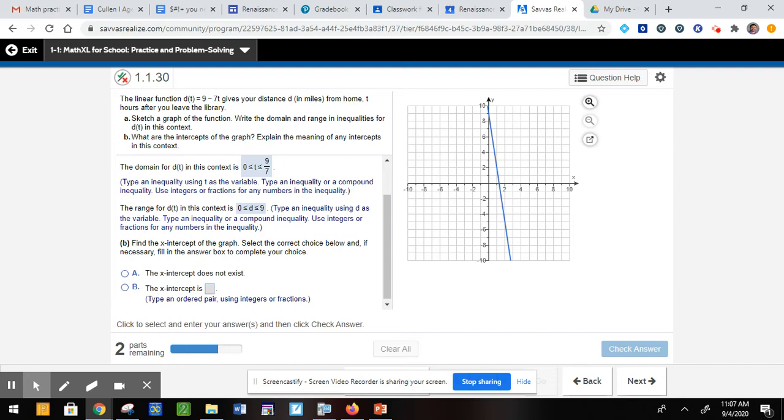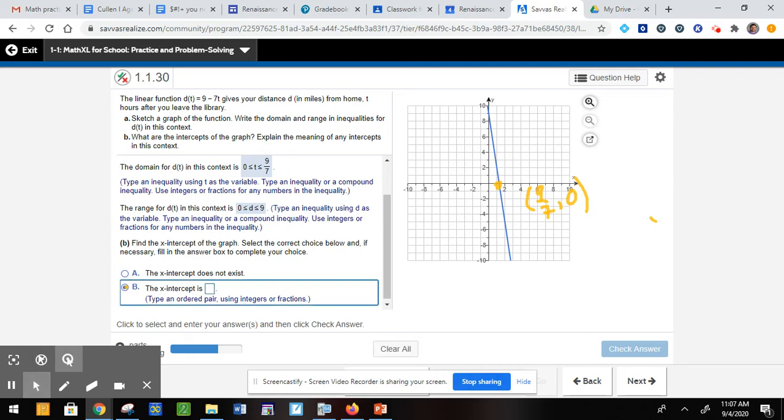Okay. There is an x-intercept, and we already found it essentially. That was this point here, and the ordered pair, well, it's 9/7, 0, right? And it's 9/7, 0 because that's the t value when d is 0.